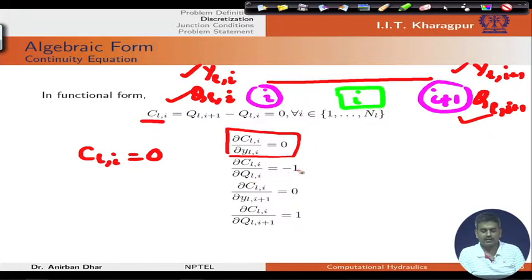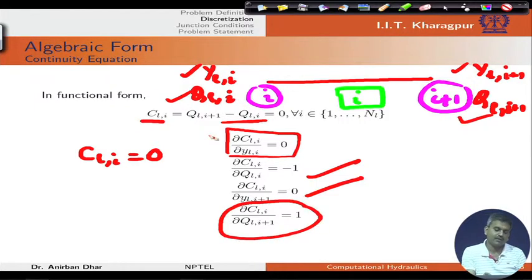For Q L I, this is minus 1 because the minus sign is there. For Y L I plus 1, there is no y term, so this is 0. For del C L I by del Q L I plus 1, this is 1 again because it has a positive sign here. So, we have determined the coefficients for the Jacobian matrix for our continuity equation.